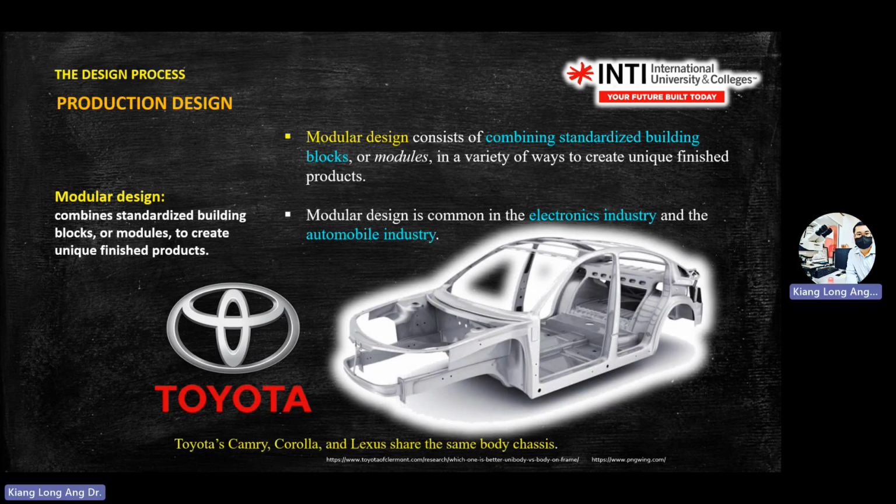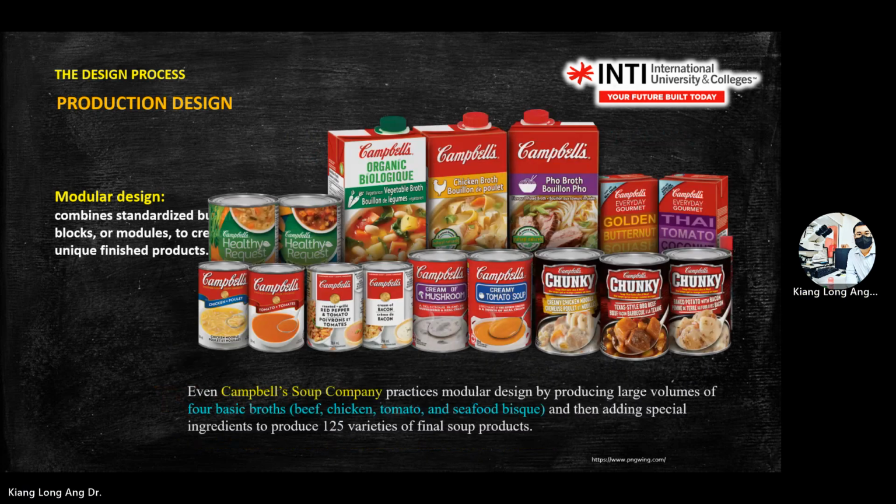One example is automotive. For example, Toyota shares the same body chassis for their Camry, Corolla, and Lexus models. This is one modular design. Another one, you know Campbell, right? Very famous soup. How do they do this modular design approach?